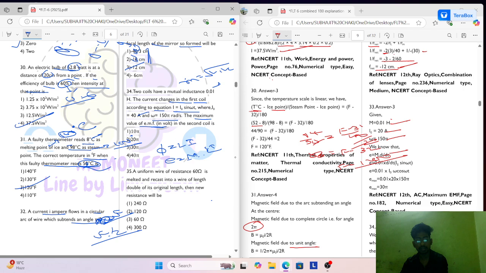So R2 will be 60 into 4 means 240, right? 240 will be the correct option. Length is twice, so resistance will be 4 times, square times. Remember this.